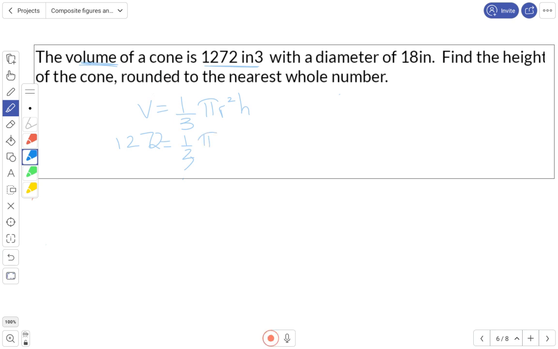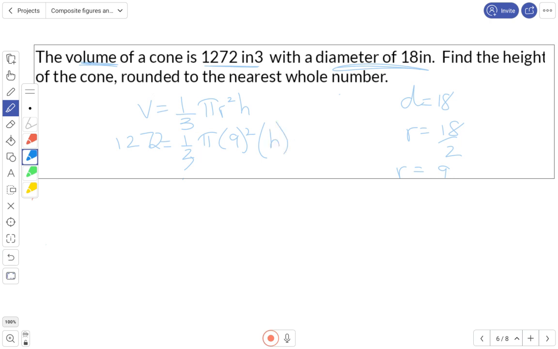And it says my diameter is 18. Well, if the diameter is 18, remember the radius, we can find that by dividing the diameter by 2. So in this case, the radius is 9. So I'm going to plug in 9 for the radius. And the height, oh, that's what we're looking for. So that'll stay h.